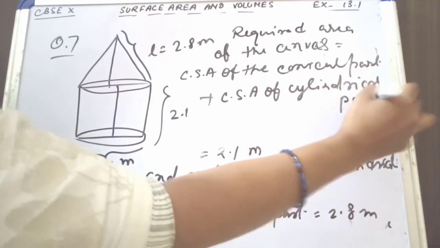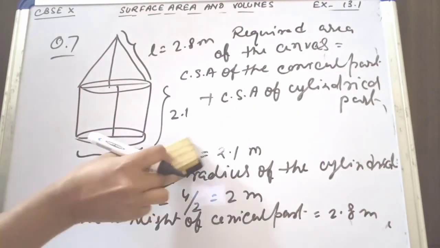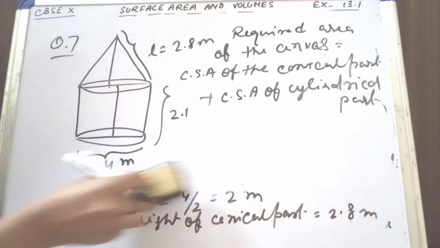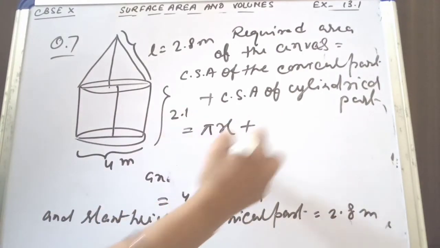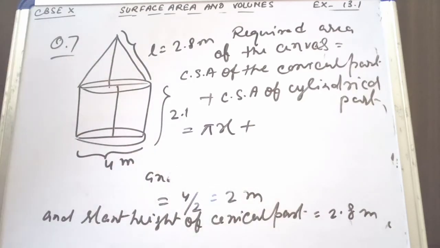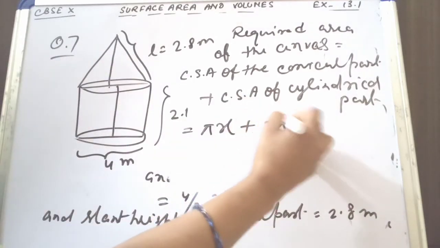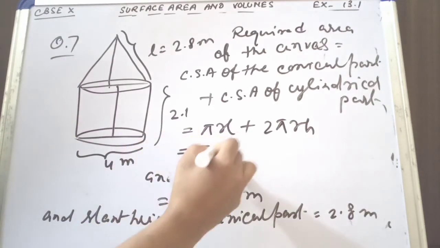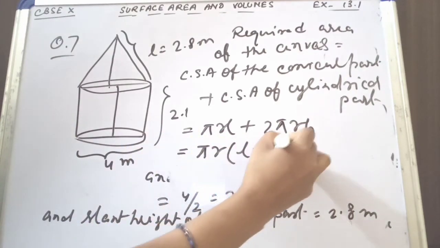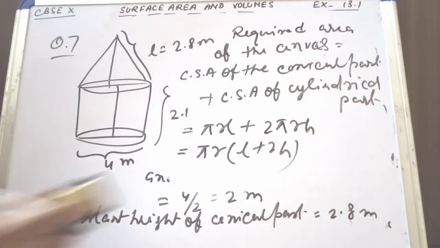The curved surface area of the conical part is pi RL, and the curved surface area of the cylindrical part is 2 pi RH. Now taking common pi R, that means L plus 2H.